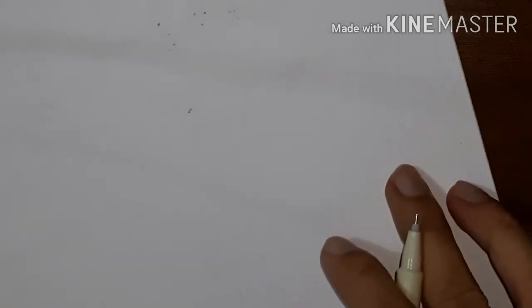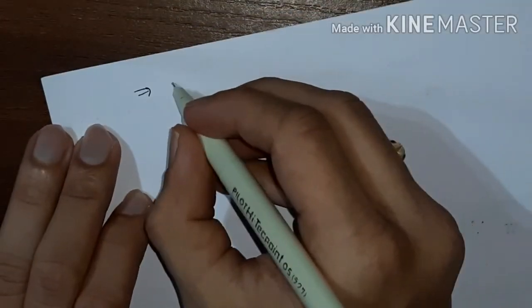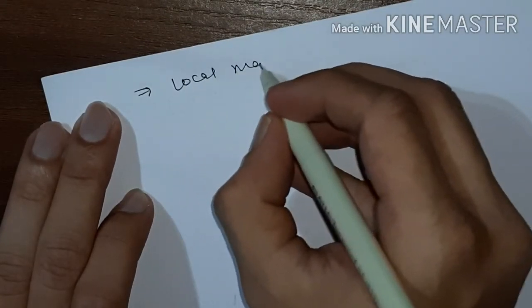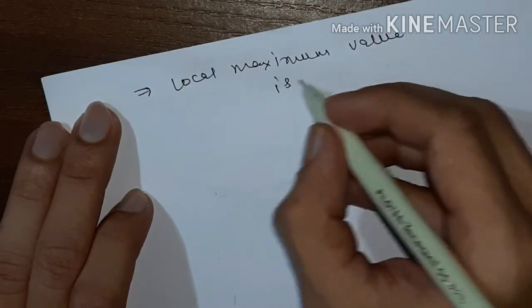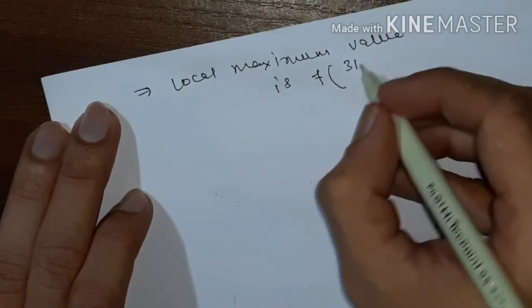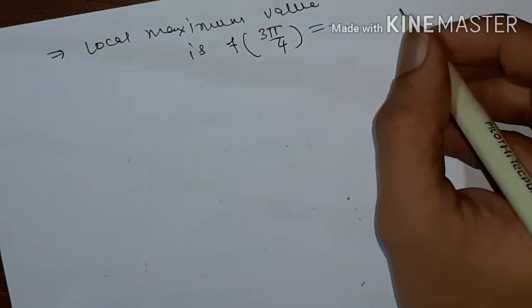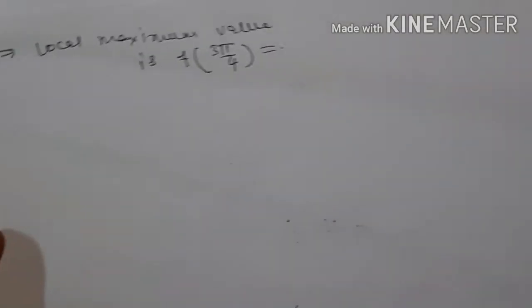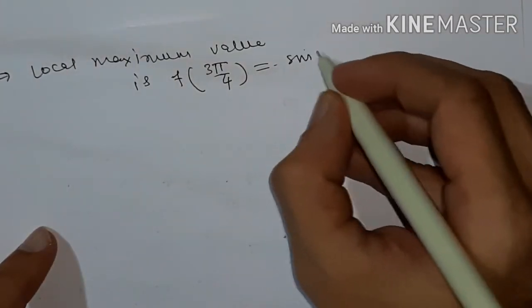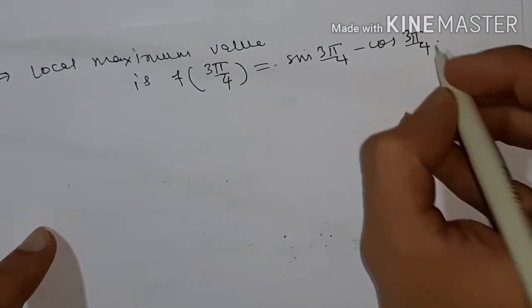Okay, now let us go to the next step, that is the local maximum value you have to find. The local maximum value is f of 3 pi by 4, just substitute in the function. The function is sin x minus cos x, so sine of 3 pi by 4 minus cos of 3 pi by 4.